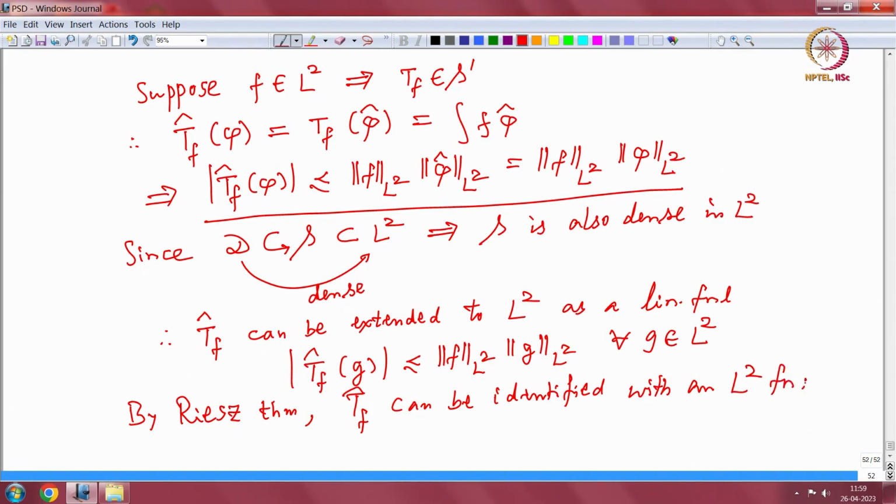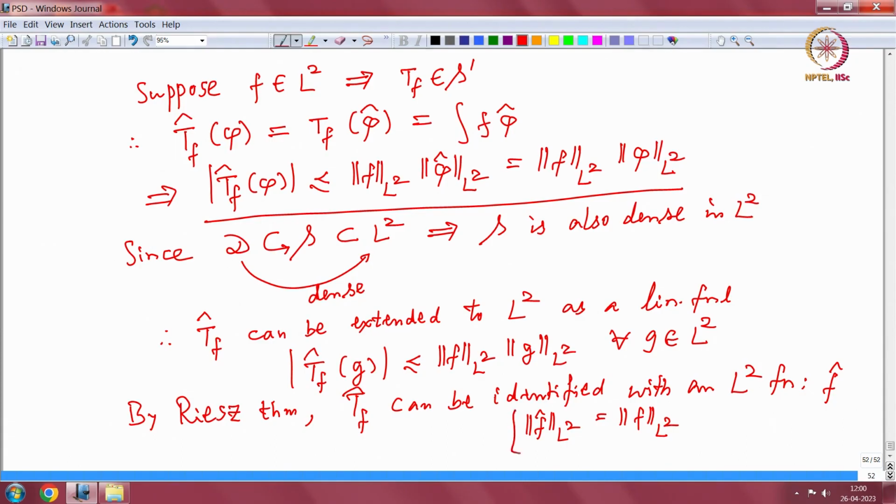Which we denote by f cap. Okay, so that too we denote by f. Okay, and then you do some jugglery with that, so you exactly get that f in L2. So the partial relation also. So you get one side inequality here, the other side is also similar.